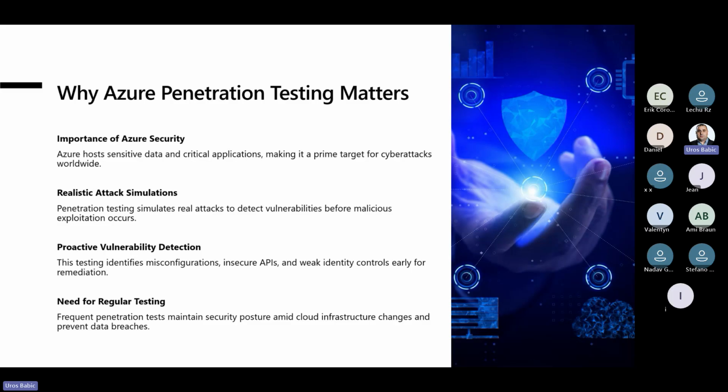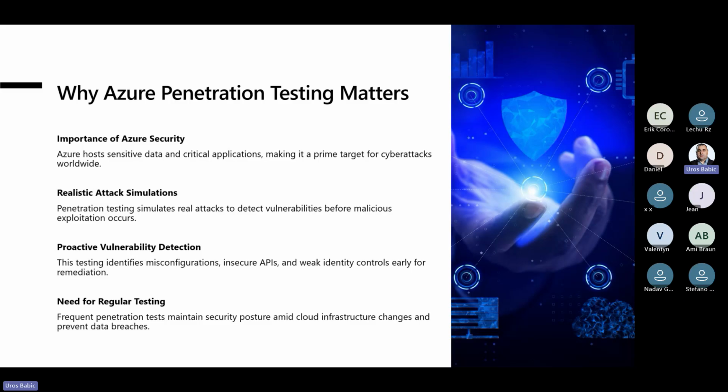What is the goal? The goal is definitely to validate the security posture of the Azure environment by testing a lot of misconfigurations, privilege escalation paths, weaknesses in authentication and data protection, because we are facing a lot of dark data.